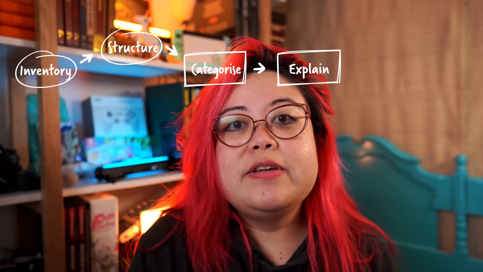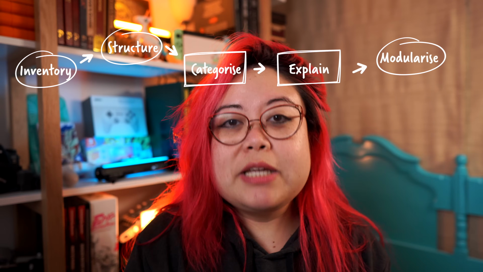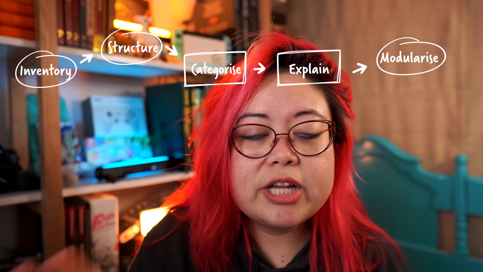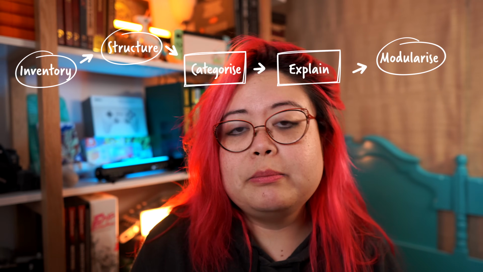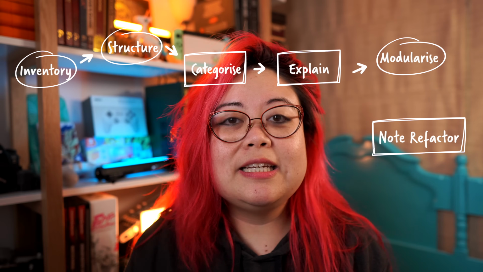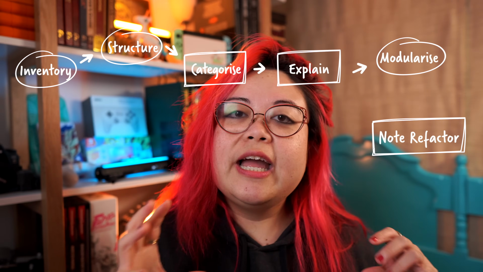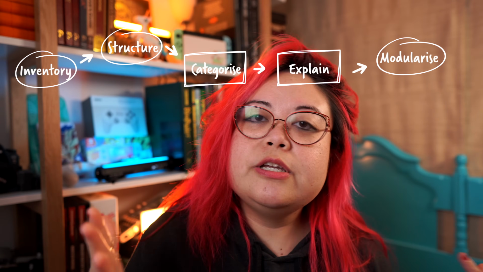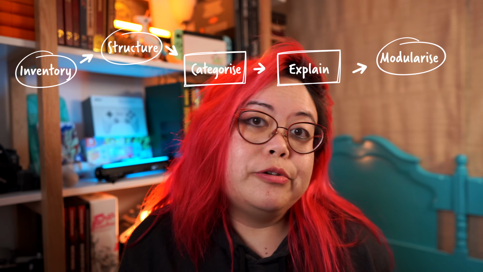And then number 5 is modularizing. That involves looking at the different headings that I've identified and already fleshed out, and then using the community plugin Note Refactor, or really also just copying and pasting into other notes so that I can start to tease apart separate ideas that probably should be in their own separate note.